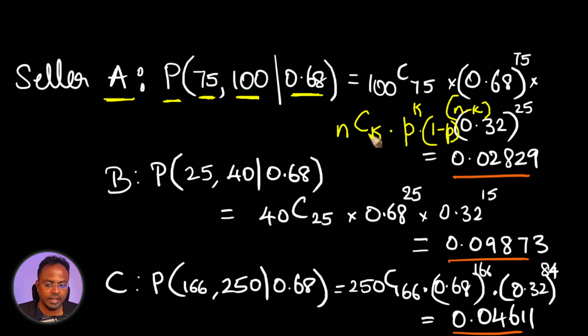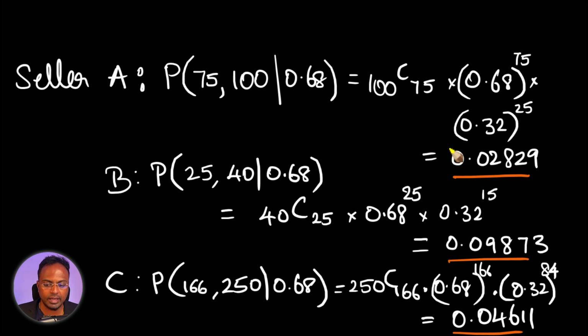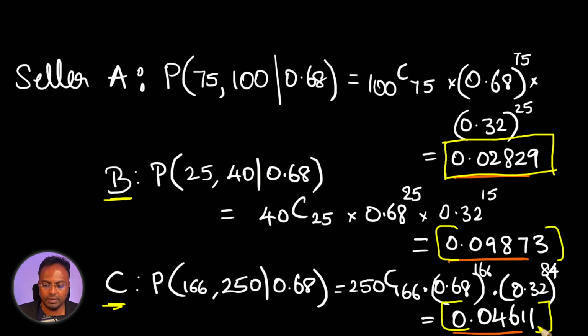For seller A, N equals 100, K equals 75, and P we know is the same for all 3 sellers. So 0.68 to the power 75, 0.32 to the power 25. By doing this, we get the probability to be 0.2829. We do a similar exercise for sellers B and C also, do the substitutions, and get the 3 respective values.